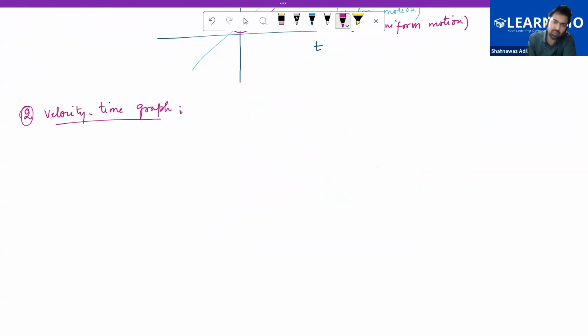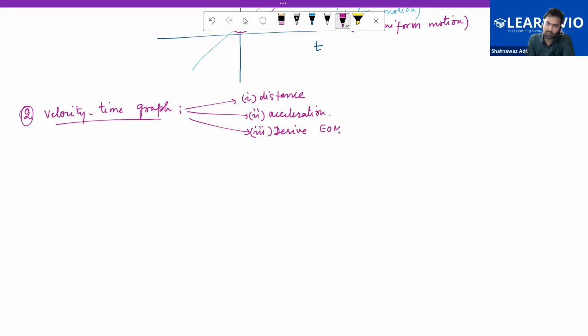The velocity time graph gives the distance, it gives the acceleration, and it is the graph used to derive the equations of motion. These are the three applications of the velocity time graph, and we will understand them one by one.